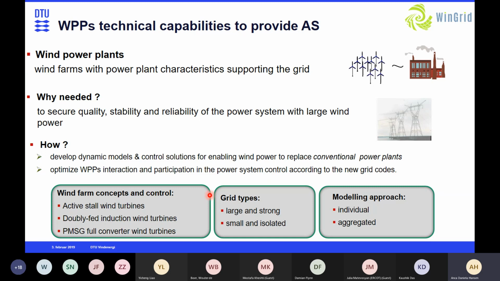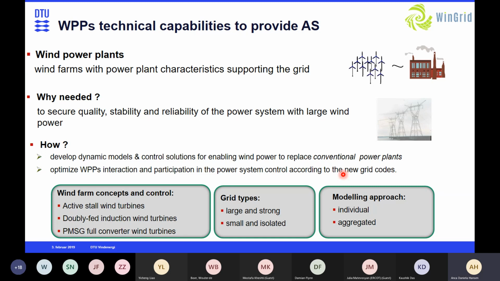We have used different modeling approaches, individual and aggregated. Individual modeling is used for small wind farms, where we look at the interplay between wind turbines inside of a wind farm and have a good overview of the dispatch references from the wind farm controller to each individual wind turbine.